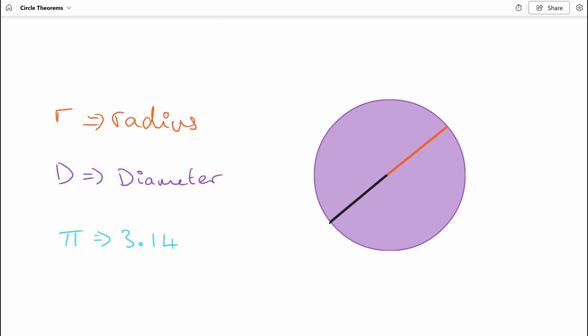It's half the diameter, and it goes from the center point to a point on the outside of the circle. You also need to know C, which is the circumference. The circumference is the perimeter of the circle. It's the distance around the outside of the circle. So now you know all of that. Let's get into an example.